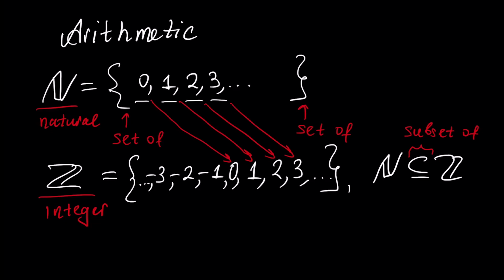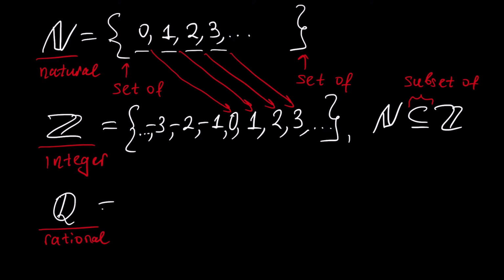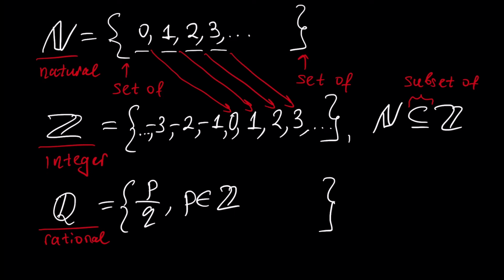Next, we define the concept of rational numbers. Rational numbers, denoted as Q, is the set of numbers represented as P over Q, where P is an element of integer numbers.